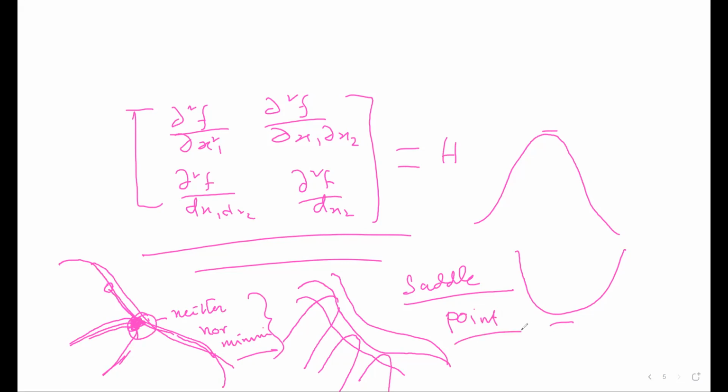So in multidimensional optimization, you may have a maximizer point, a minimum point, or a saddle point, and that can be identified by examining the nature of the Hessian. Again, you will need some higher order matrix algebra or linear algebra.